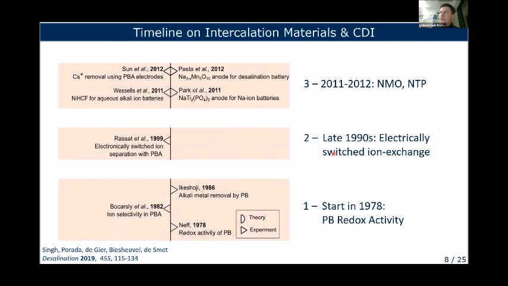And then in the late 90s, it was shown that you could switch the ion exchange in an electrical way. And then more recently, it was not only PB, but also NMO and NTP, abbreviations for, to me as an organic chemist, more exotic materials that are used a lot in the field of energy storage, but now also in CDI.